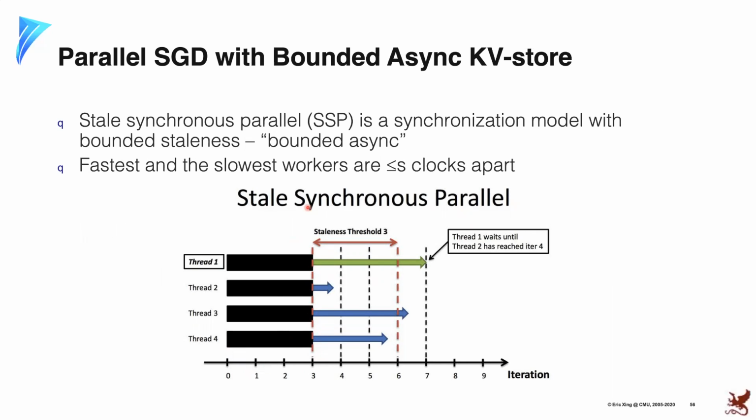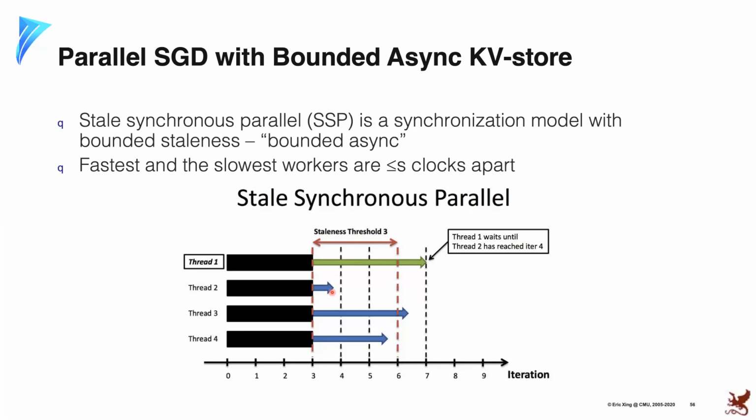Then the central bank will keep track of the fastest and slowest parallel workers and guarantee that their progress cannot differ by more than 3 iterations. For example, if worker 1 has already iterated 7 times, but worker 2 has not finished its 4th iteration, then the central bank will stop the first worker and ask it to wait for the second one.